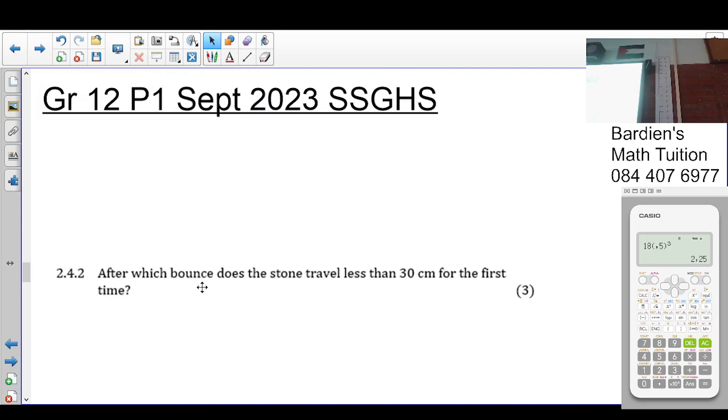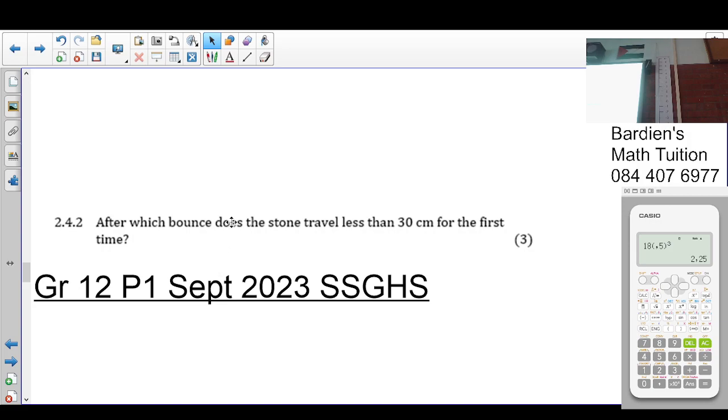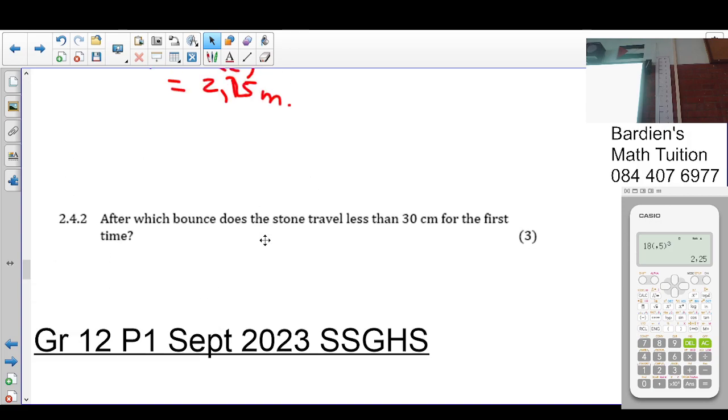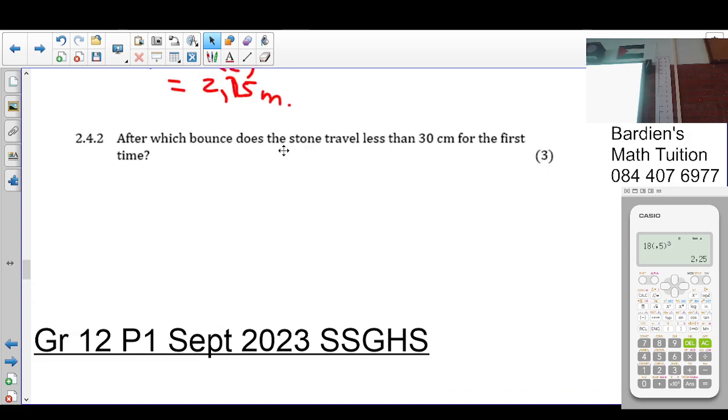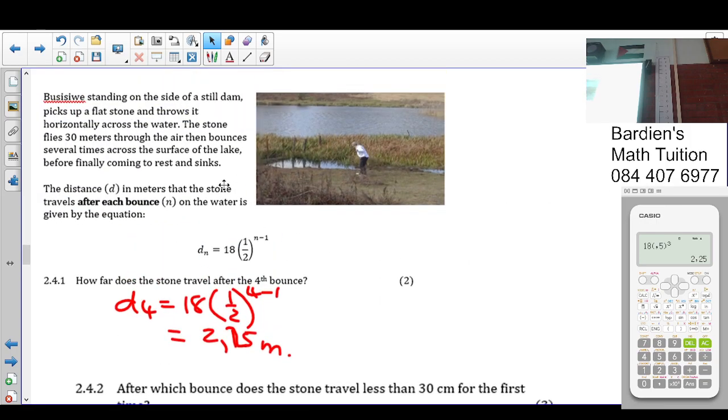After which bounce does the stone travel less than 30 centimeters for the first time? So if you look at the information given here, this is in meters. Can you see that?